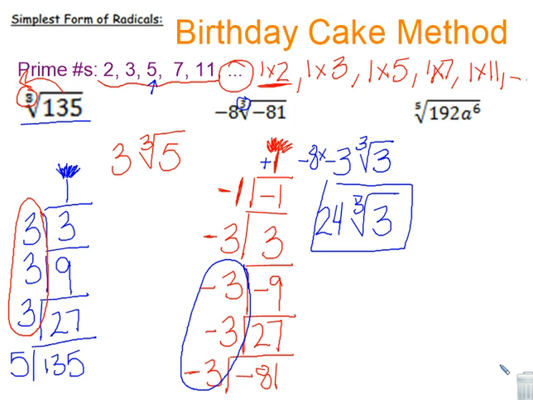We're going to start with 192. And we want to find a prime number that goes into 192. Since it's even, maybe we'll use 2.